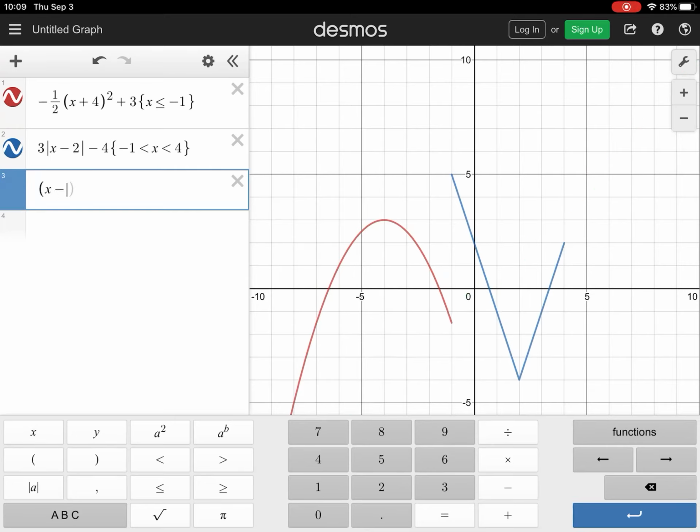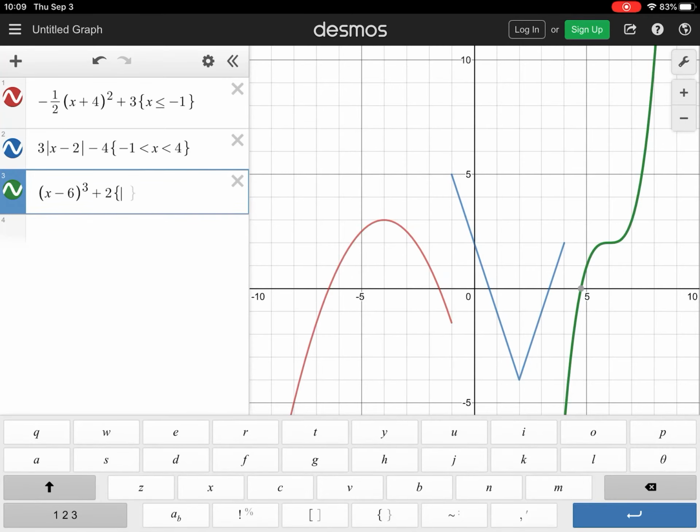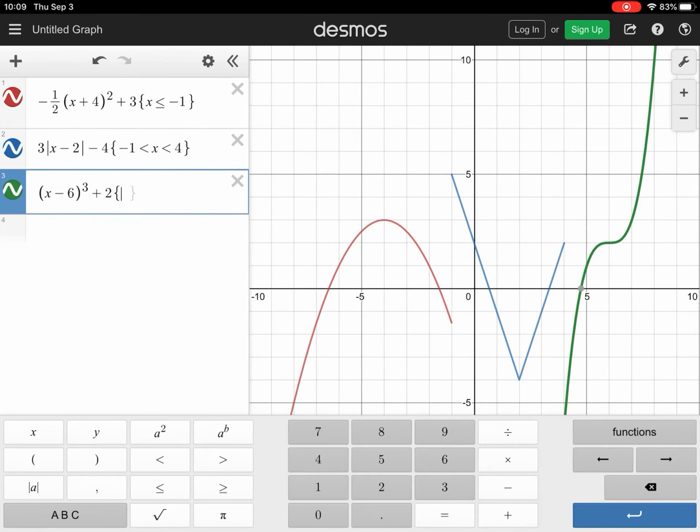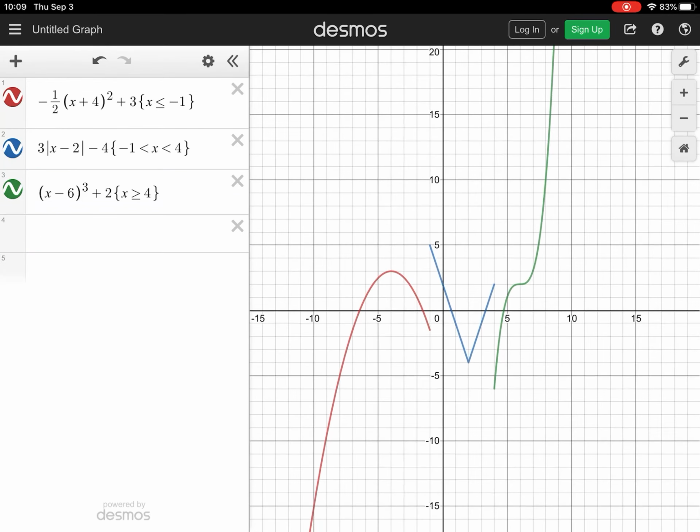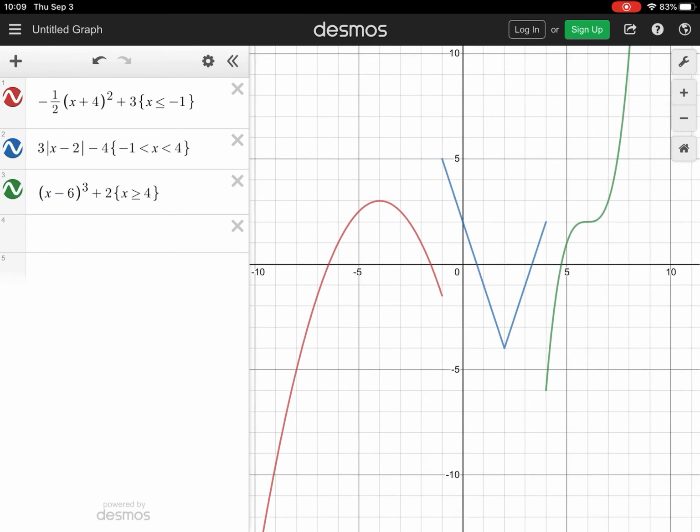And the last piece, x minus 6, and this one's actually cubed, plus 2. All right, so there are my 3 pieces.